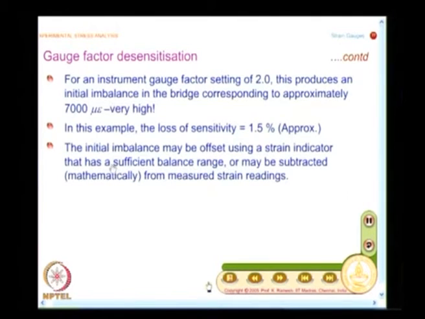And what you will find is, because it is 7000 micro strain, the initial imbalance is difficult to offset. You may be able to offset it if the strain gauge meter is capable of accommodating 7000 micro strain. If you are unable to do it, you have to note down the initial value and then the final value and find out what is the strain. There is no other go.